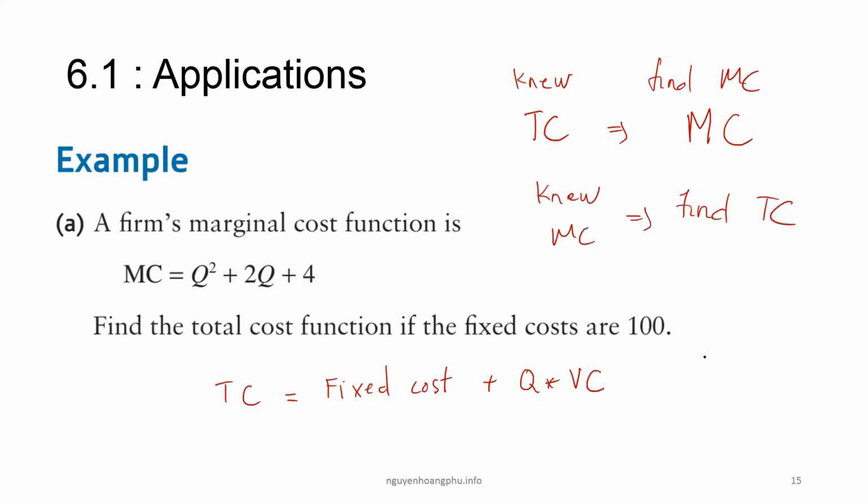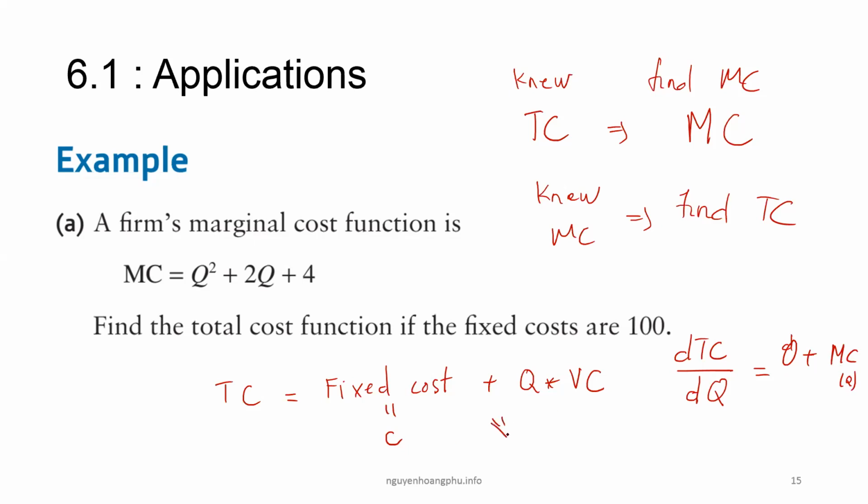And then if we take dTC by dQ, we will have 0 for the derivative of fixed cost, because it is a constant, you can take it as C. So it will be 0 plus MC by Q.